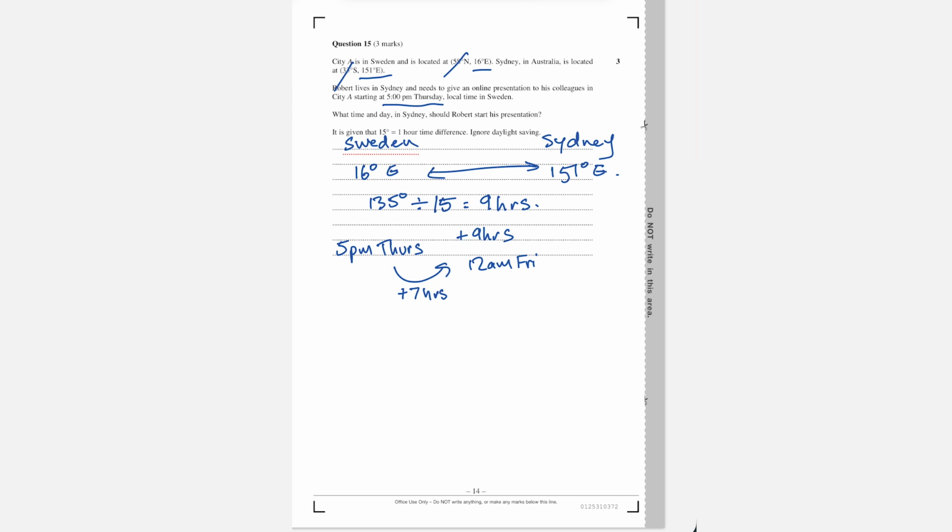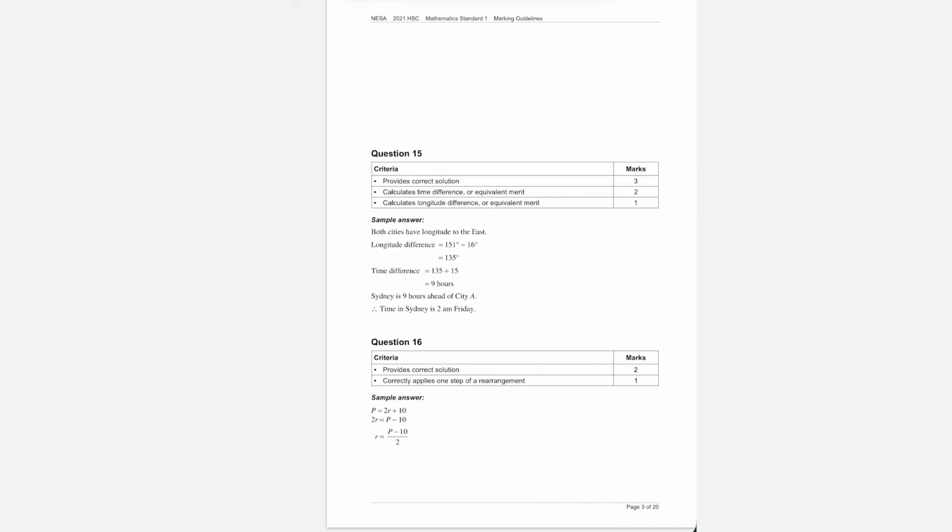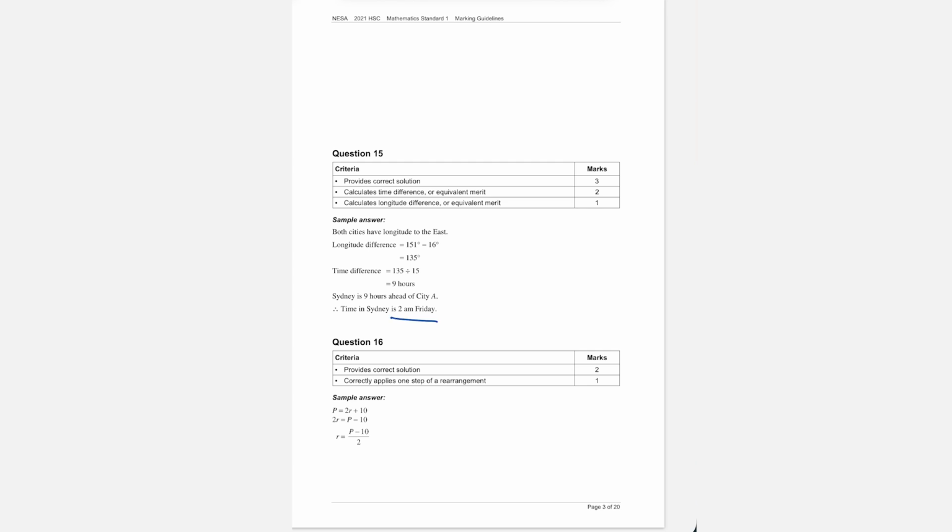And then we add another 2 hours to make it 9 hours, and that's going to get us to 2 a.m. on Friday. That's our answer. That is when the presentation should start. 2 a.m. on Friday. That's it.